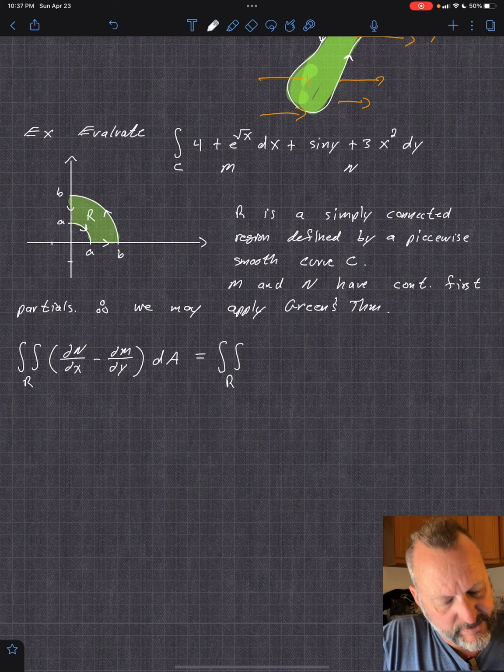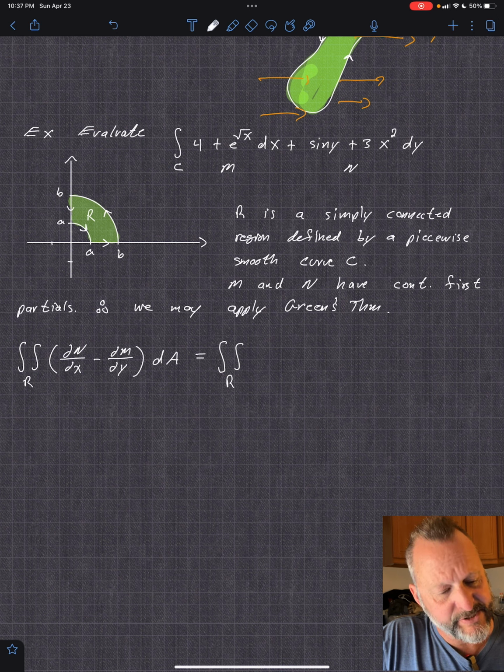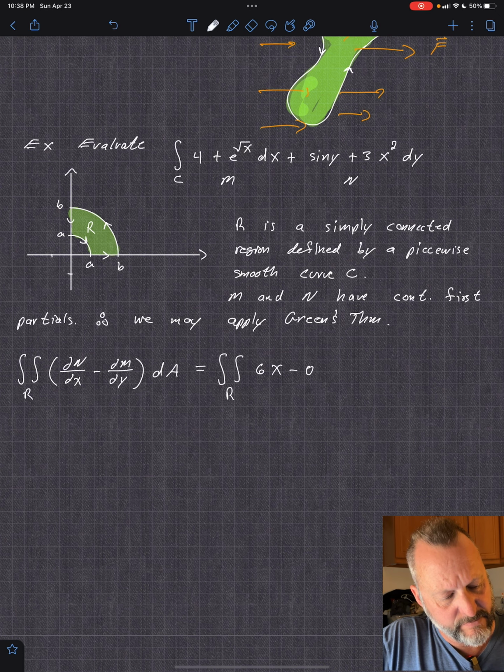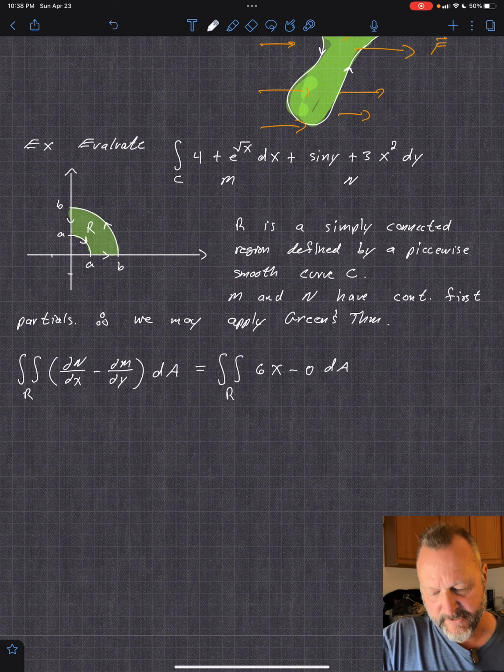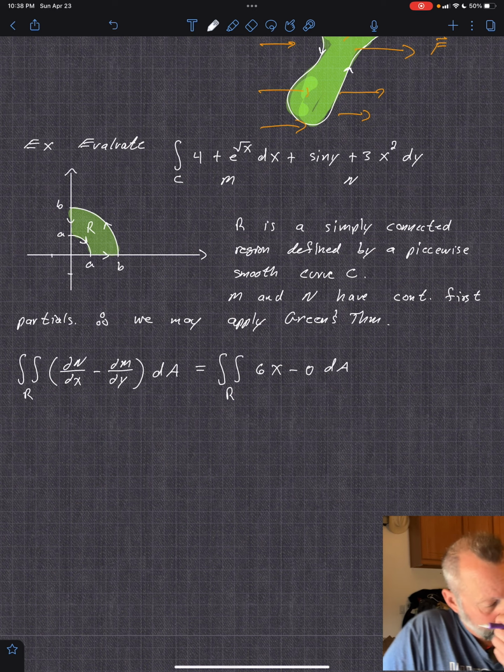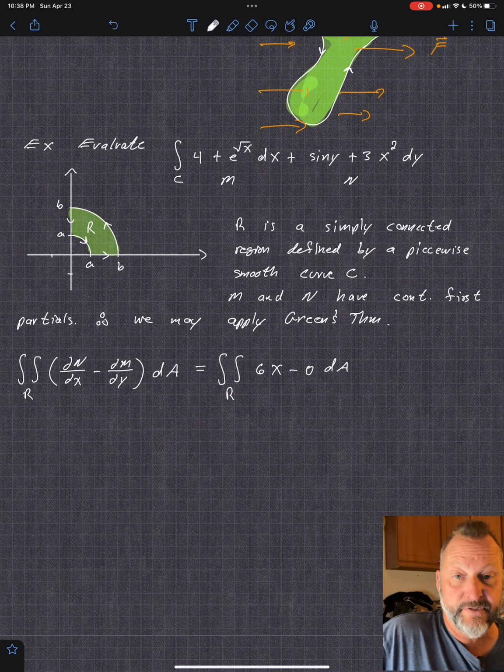Okay, we'll talk about that in a second, but partial in x would be 0 and just 6x minus partial in y is just 0, and that's dA. All right, so you just have a double integral over that region.